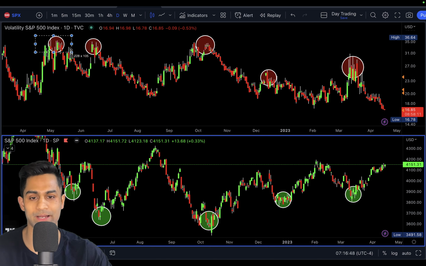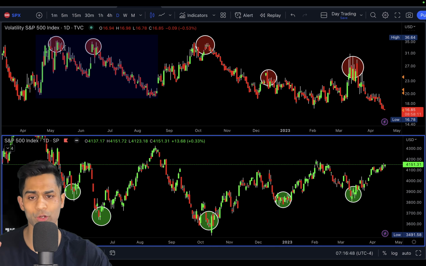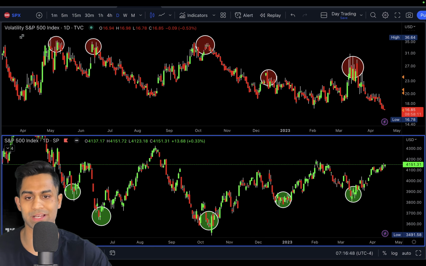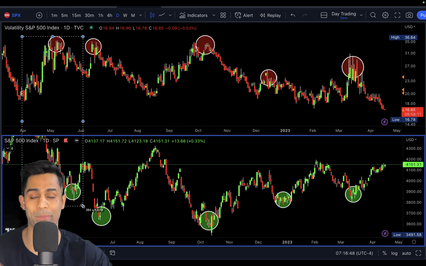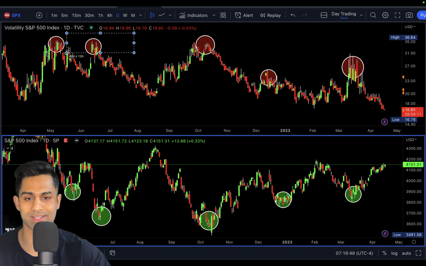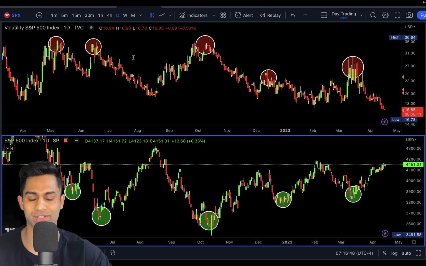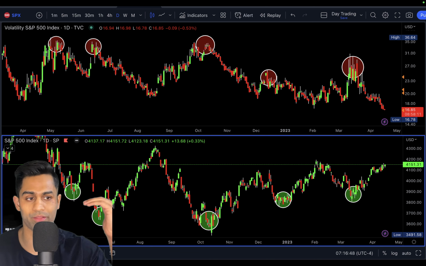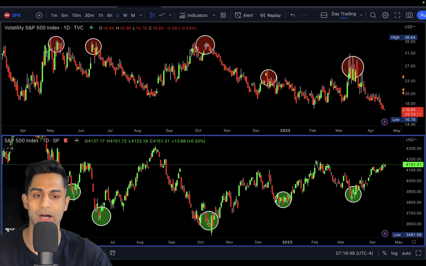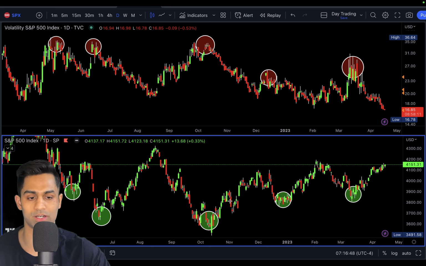Every time the VIX peaked out, going back as far as 2021, 2022, we did see the markets bounce back higher. That was putting in the bottom. This right here was once again when the markets pushed higher from those levels. As soon as volatility tapped out at the 36, 37 levels, it sold right back down, and markets obviously rallied back up. This right here was once again the top in the VIX and the bottom in the market. We saw again markets pushing higher and volatility coming back down.